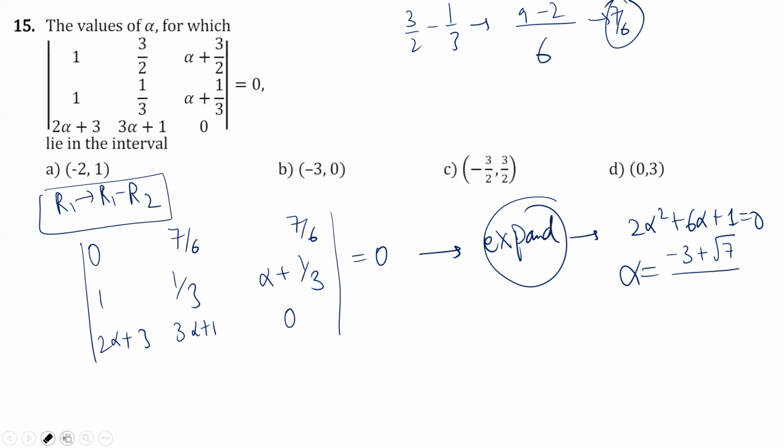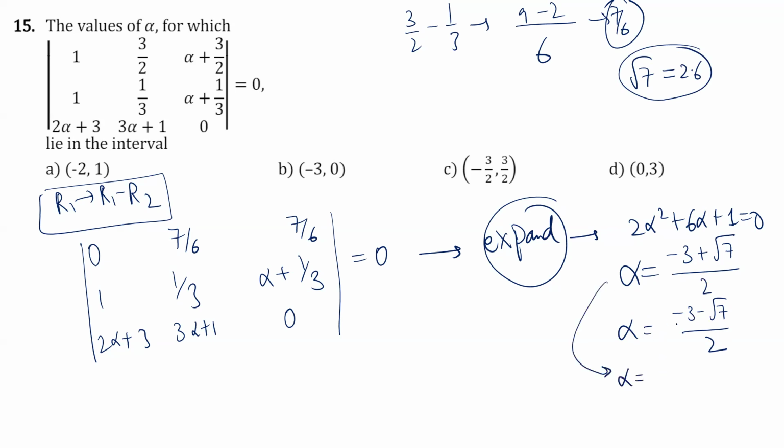So this alpha will be minus 3 plus root 7 by 2, and another alpha, because you will get two roots, will be minus 3 minus root 7 by 2. If you observe that root 7 is around 2.6, this alpha will come out to be minus 0.18.